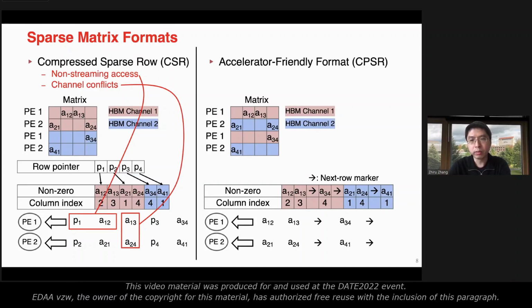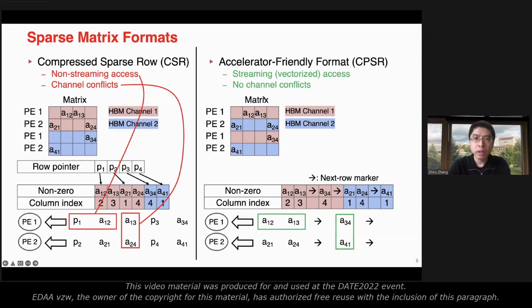And it turns out this trade-off, at least in our case, is in favor of our accelerator. If you look at this kind of format, we are having streaming or vectorizable access when we look at the data access. And also when we parallelize across rows, we are guaranteed not to have channel conflicts.